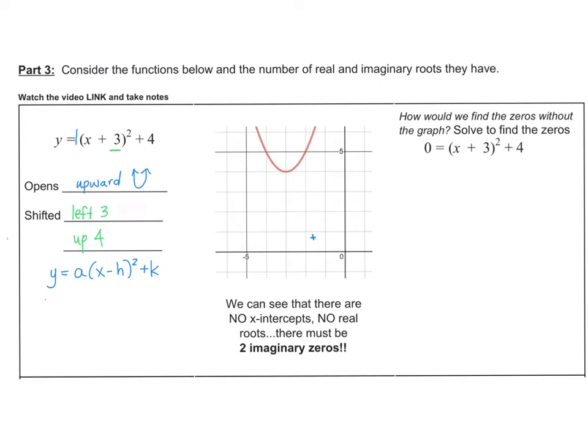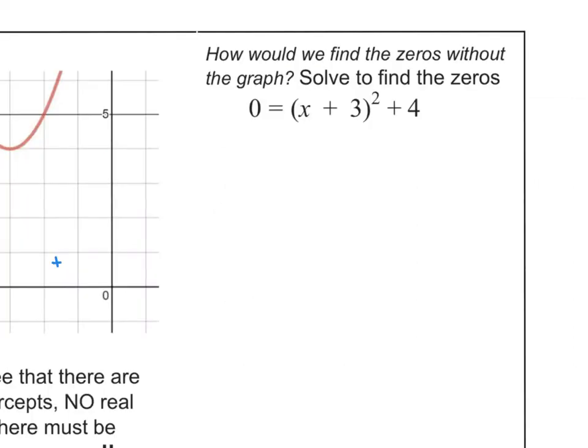So how could we find the x-intercepts if we didn't have the graph, if all we had was the equation? And how could we find specifically what are these imaginary intercepts that we're expecting? So our first step is we know anytime we want to find x-intercepts, we have a y coordinate of 0.